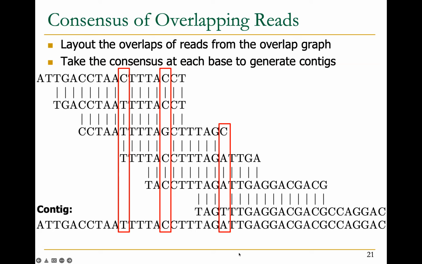So this is how consensus works. Once you do the consensus between all the overlapping pairs, what you get is a single contig, which is a short piece of the entire assembly of a genome, right? But it is much longer than the read. It contains more information, overlapping of the reads, etc.